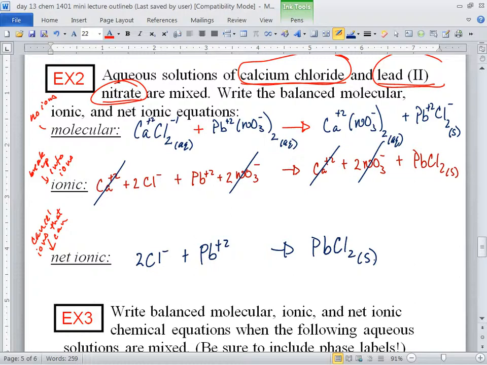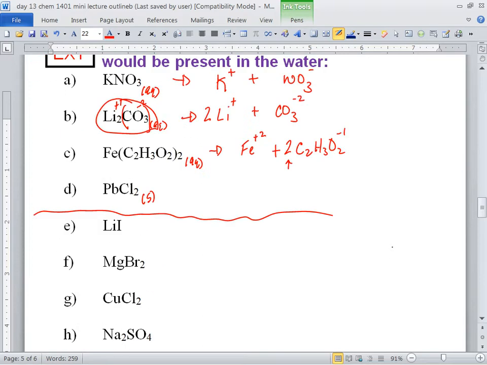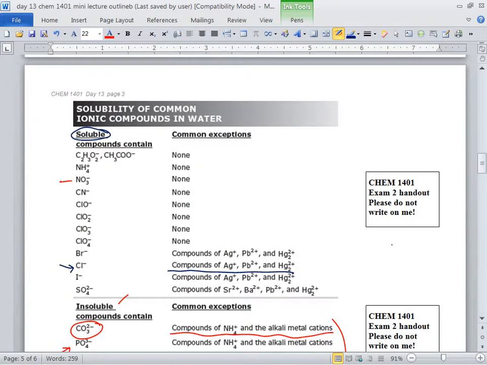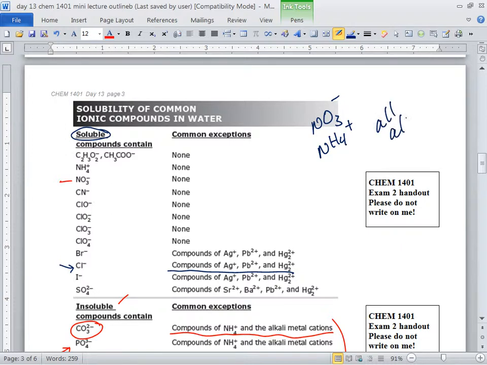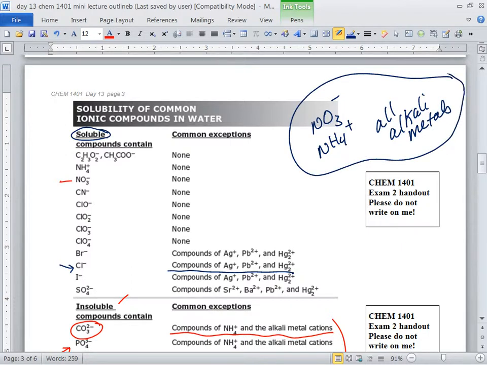Now, just some hints so that things don't get so frustrating for you. This is the one thing that's really helped me. You can fly through your homework if you remember nitrate, ammonium, and all the alkali metals.